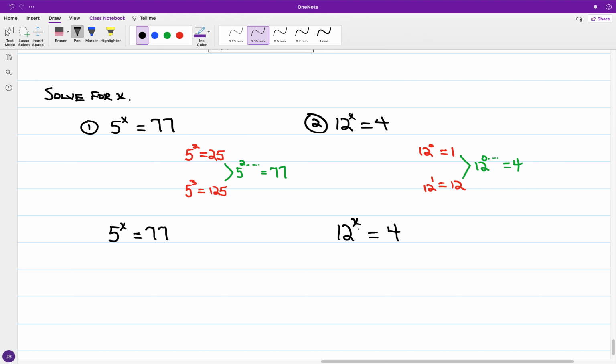Okay, just for what we have regarding 5 to the x is equal to 77. If you're still working on these items, that's fine.